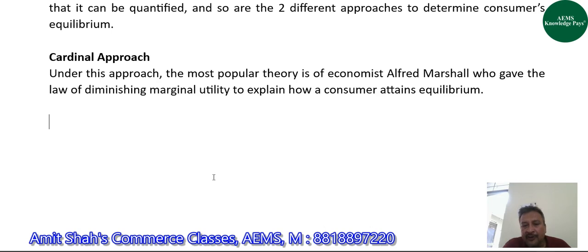Now, guys, to start with the theory of Alfred Marshall in this chapter, that is cardinal utility or the cardinal approach, we first need to understand a few things. Do not write anything, guys, because I may change my statements, may do some addition or subtraction.